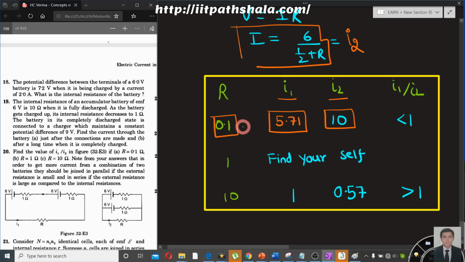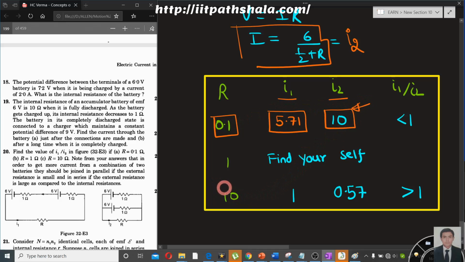If you have a very low load resistance and you want to fetch more current at the load resistance, even if you have a very small load resistance compared to the internal resistance of the battery, which in this case is 1 ohm, then for fetching the maximum current, you have to connect both of the batteries in parallel combination.